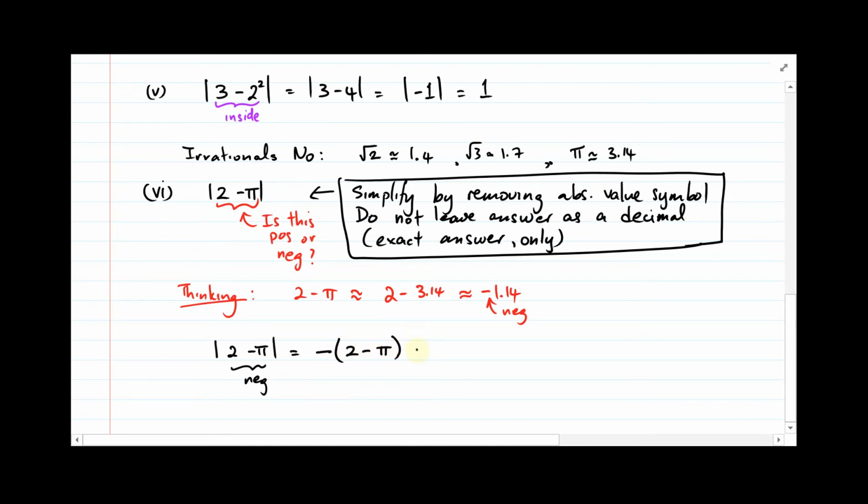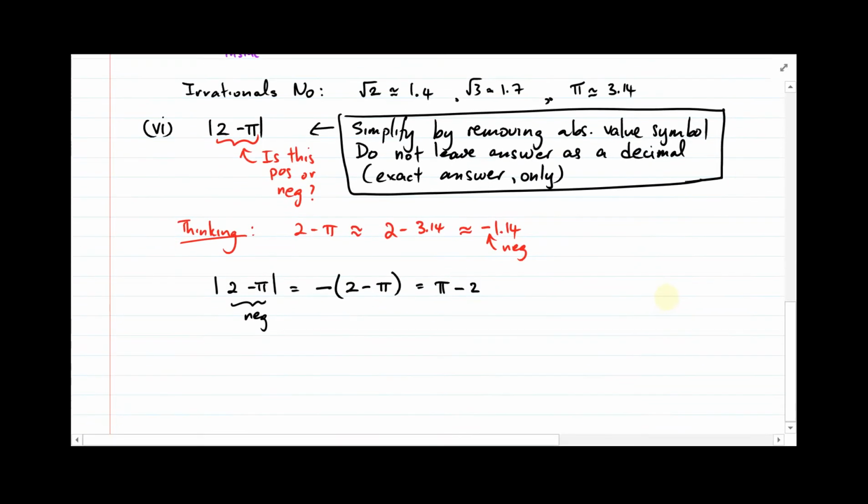It's up to you now. We typically would want to rewrite this as pi minus 2. That is, just expand, and I like to start my answer with a positive term rather than a negative term.